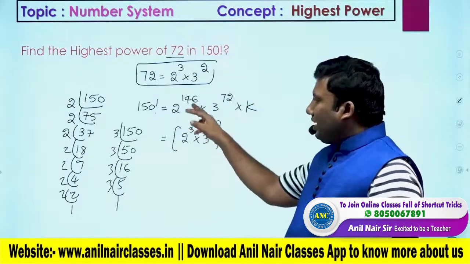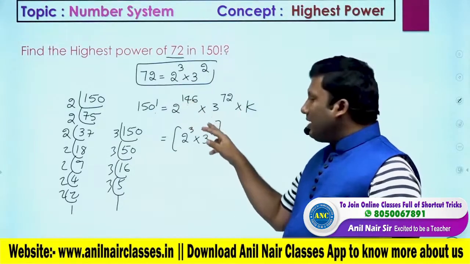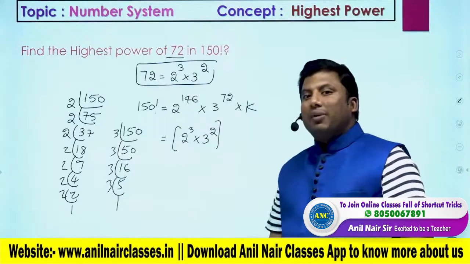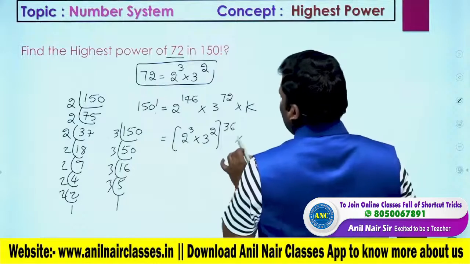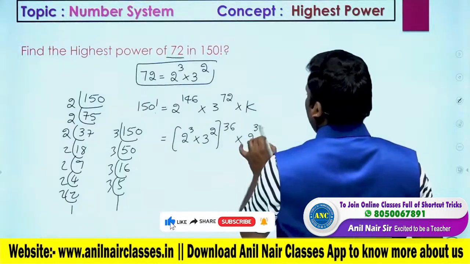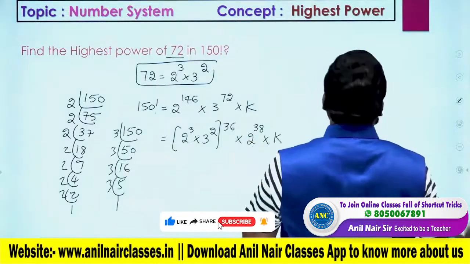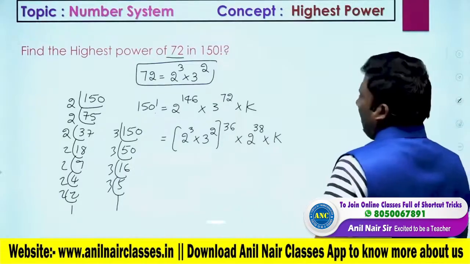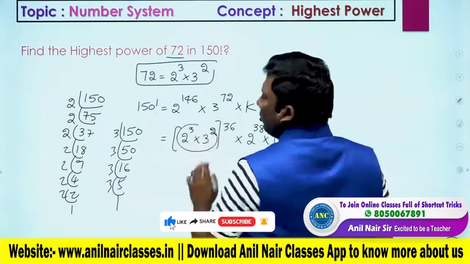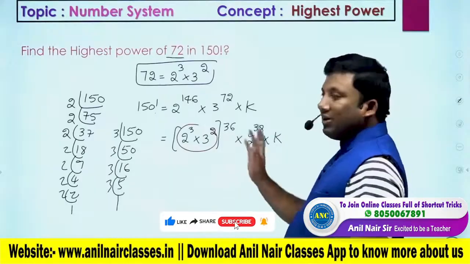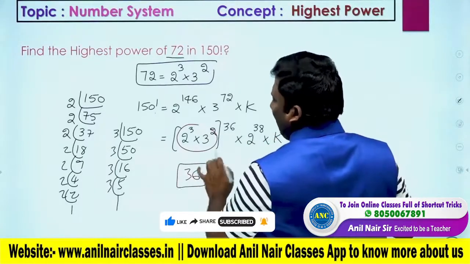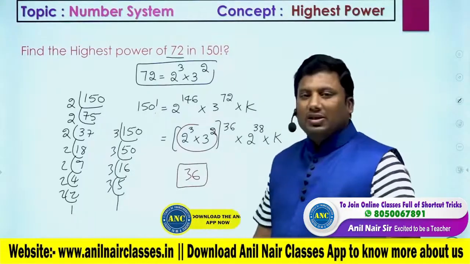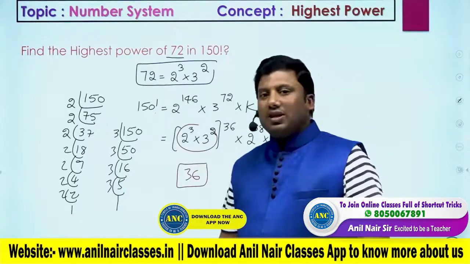Suppose I take 3 4s are 12, 3 8s are 24, 2 48s are 96. So the answer is 2 power 36 into 2 power 38 into k. 2 cube into 3 square, 72 power 36. Highest power of 72 in 150 factorial: the answer will be 36.